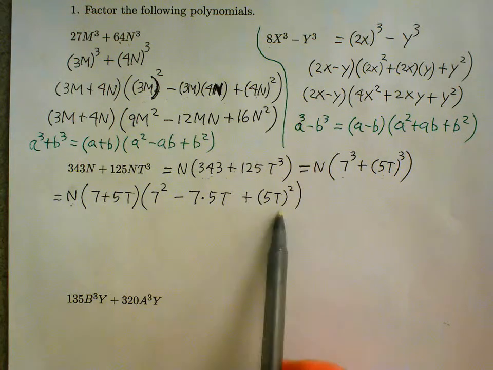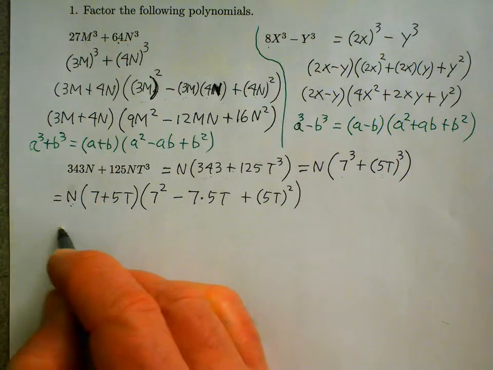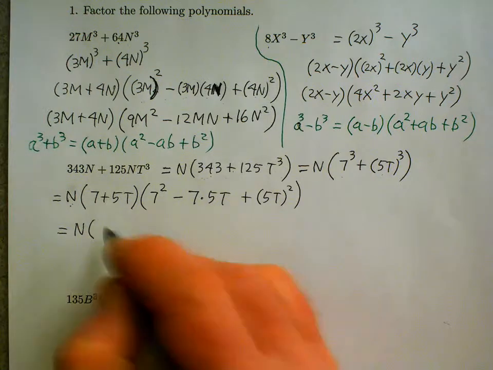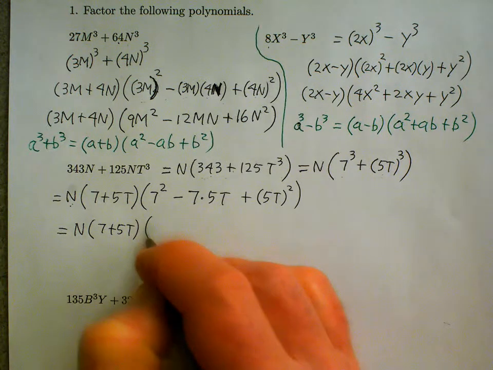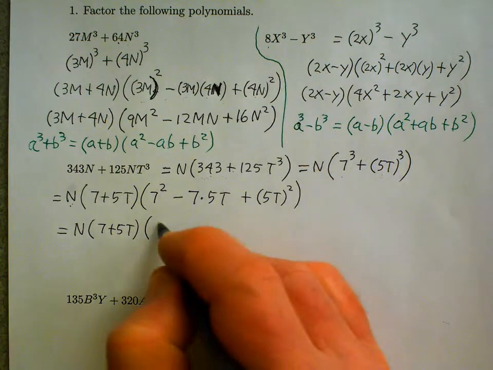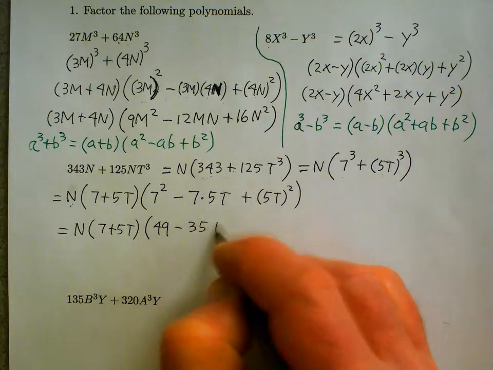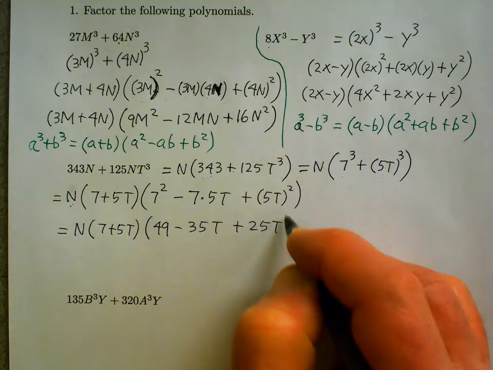Okay, we'll simplify a little bit more in the last step. So the complete factorization is n times the binomial 7 plus 5t. And then the trinomial is 49 minus 35t plus 25t squared.